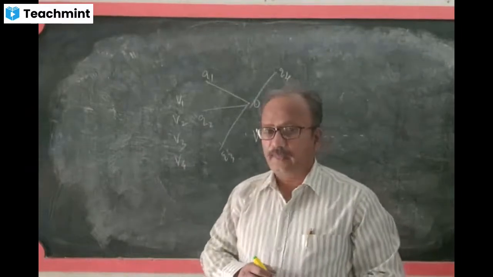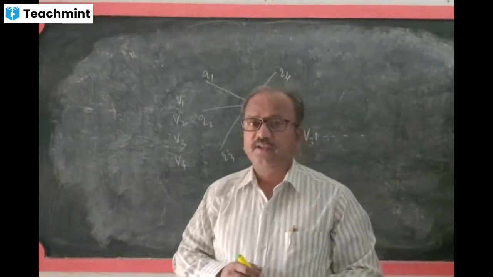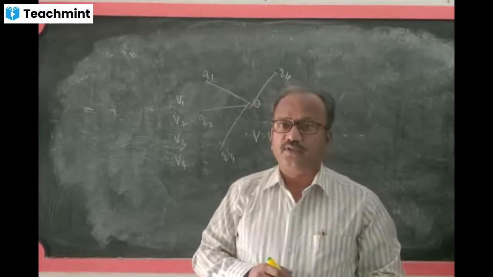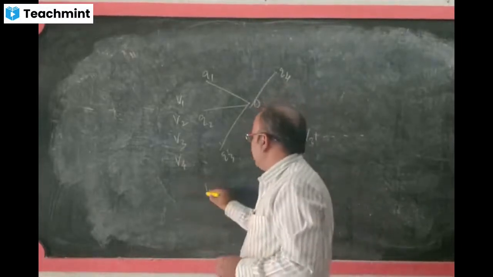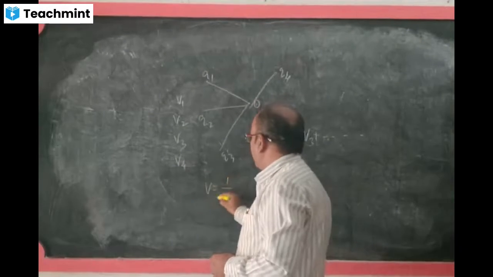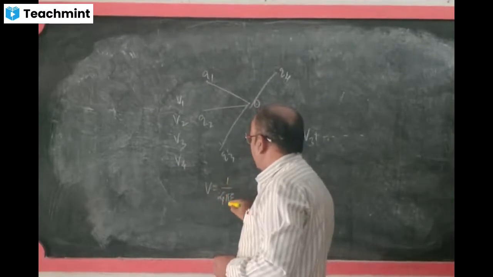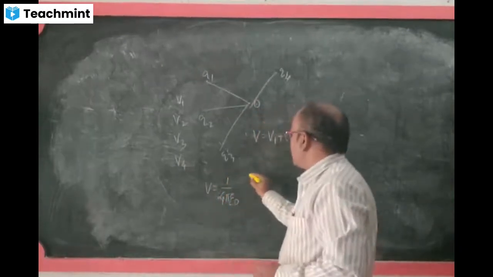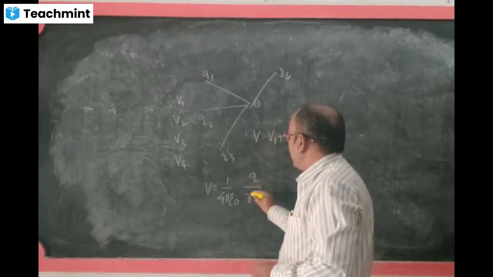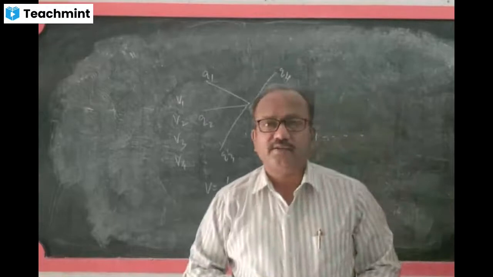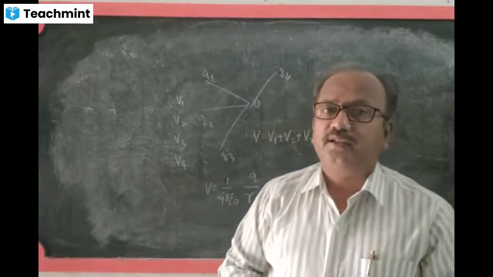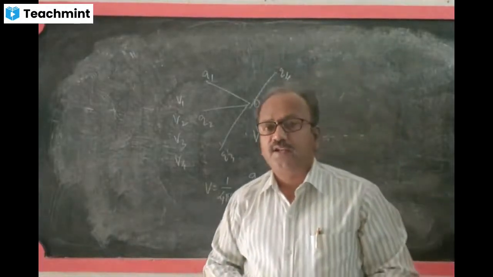And already you know the equation for the electric potential of a point charge, that is V is equal to 1 divided by 4 pi epsilon naught, charge divided by distance. Charge divided by distance is the equation for electric potential.